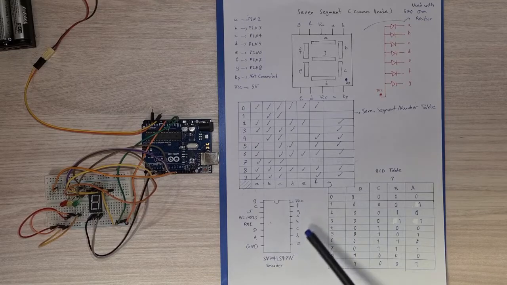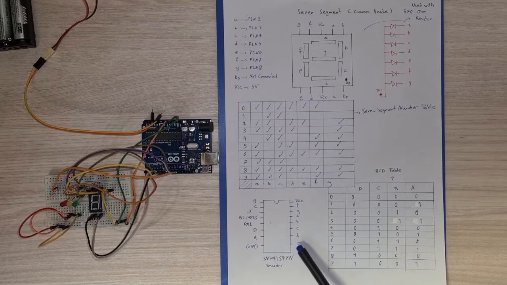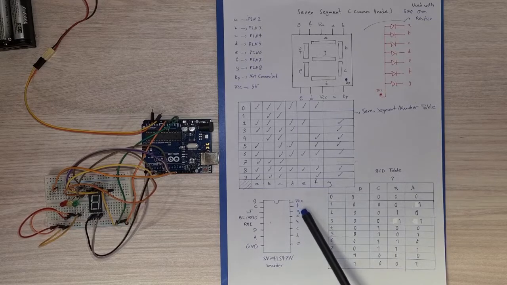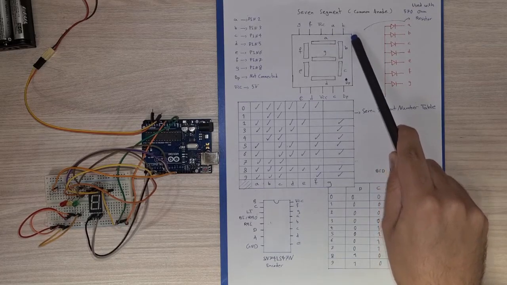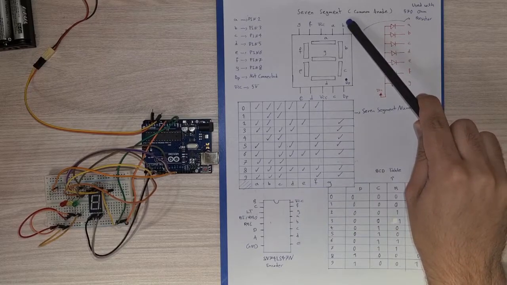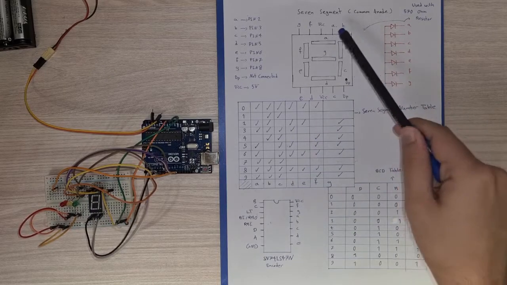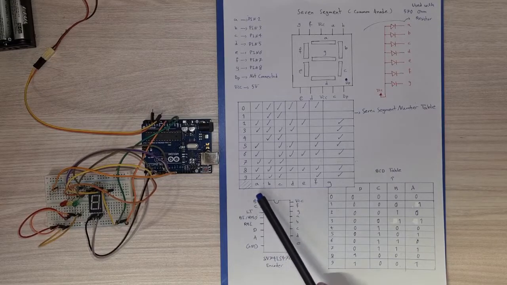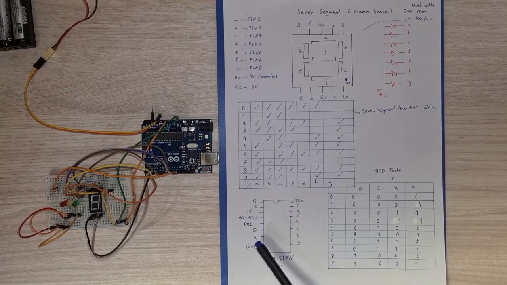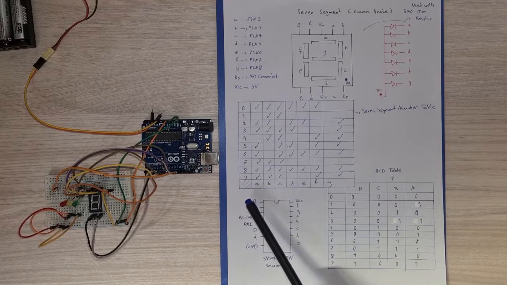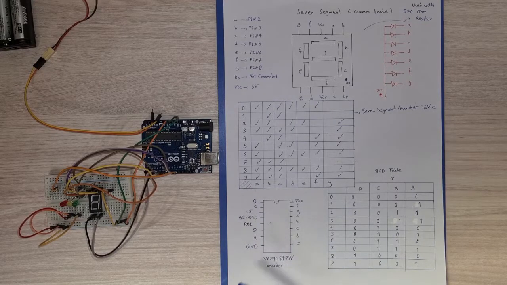So these F, G, A, B, C, D, E ports are outputs and connect to the same-named pins on the 7 segment. And the 4 inputs, A, B, C and D, are connected to the Arduino to control this IC. And we have a VCC and ground that connect to the VCC and ground of the Arduino.